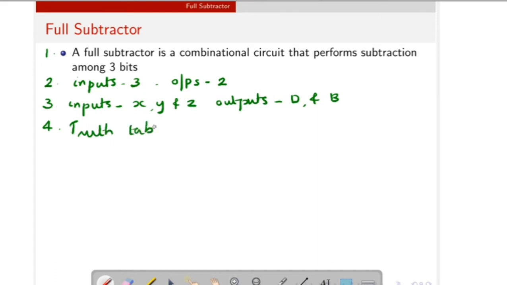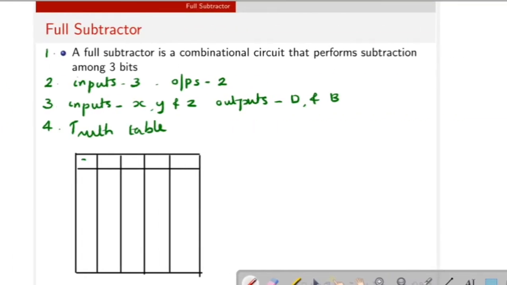So here there are 3 inputs and 2 outputs. So the truth table contains 5 columns. So here the 3 inputs are X, Y and Z. The outputs are difference and borrow. Okay, these 2 columns are the outputs and these 3 columns are the inputs, right?